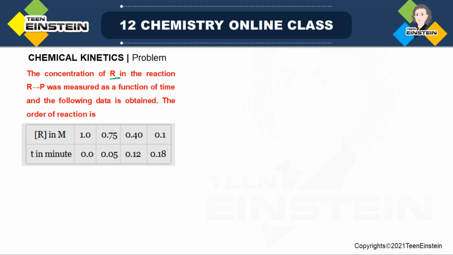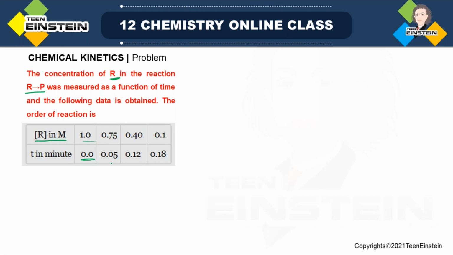Concentration of R for this reaction R to B was measured as a function of time. So concentration of R in molarity, all these values are given and the corresponding time. So when it is initially, that is t equal to 0, then the concentration is 1 molar.